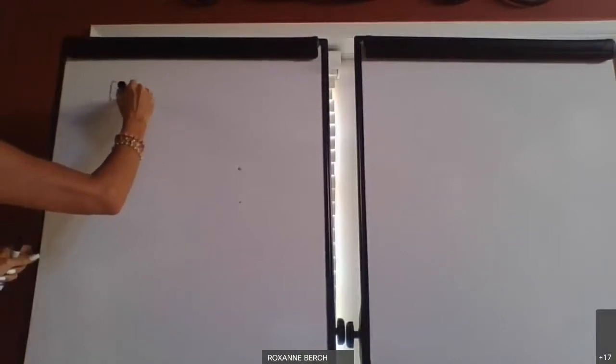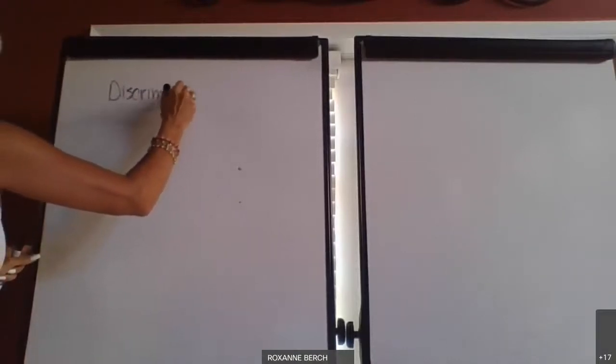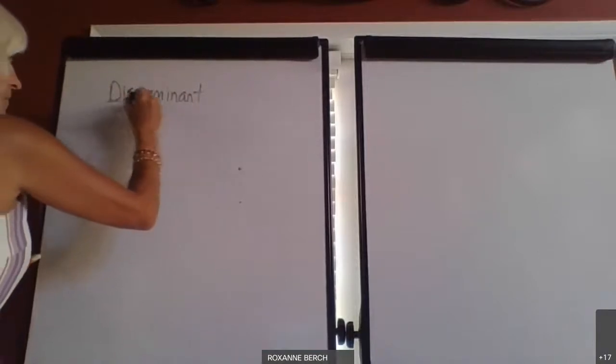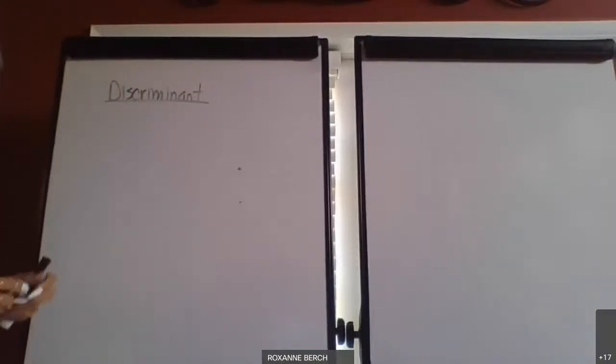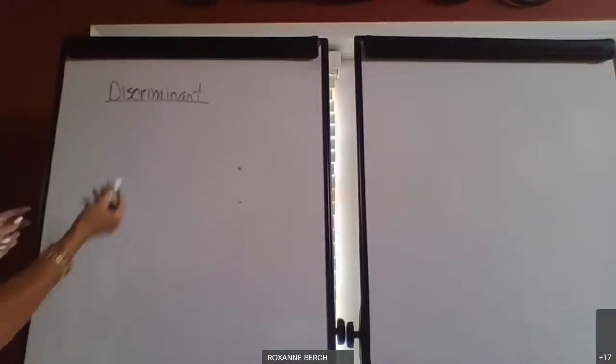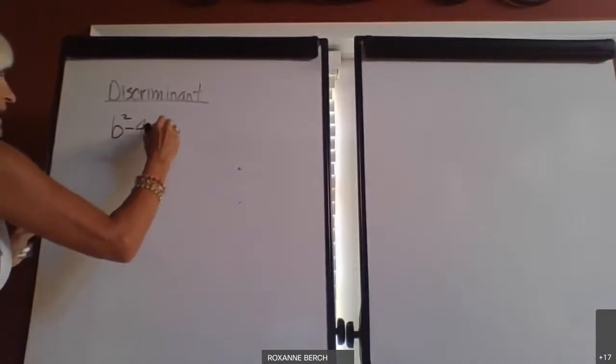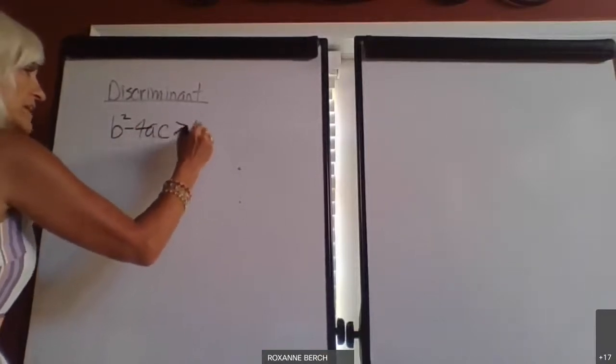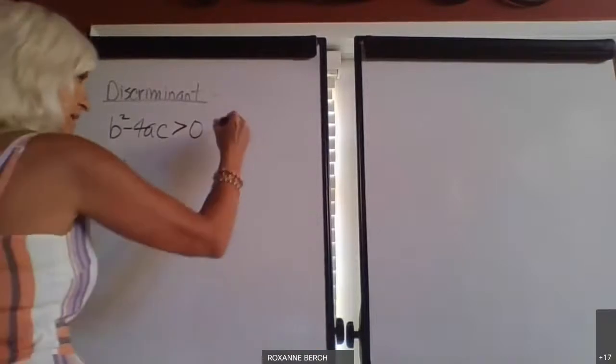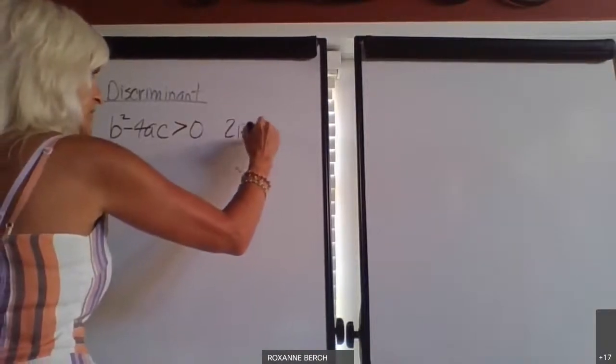All right, the next thing I want to talk about is the discriminant. And the discriminant is what's underneath the radical of the quadratic formula. So b squared minus 4ac, when it's greater than 0 or positive, it means that there's two real solutions.